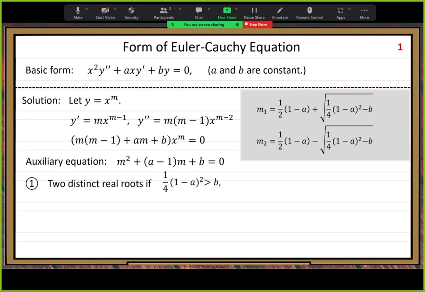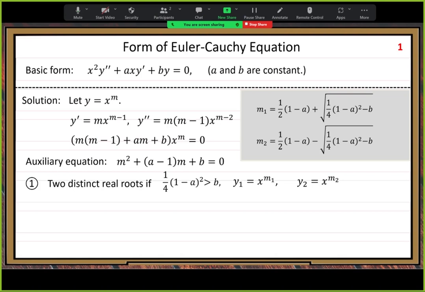The simplest: you have m1, m2, so you write y1, y2 immediately. y1 equals x to the m1, y2 equals x to the m2. That's the final solution, similar to our previous situation.